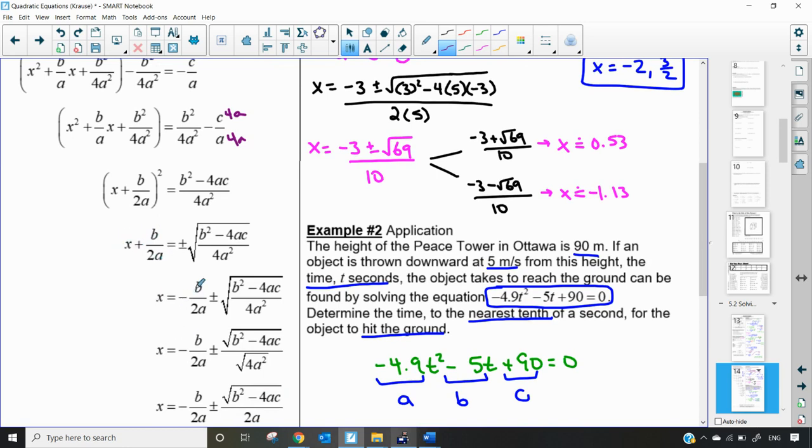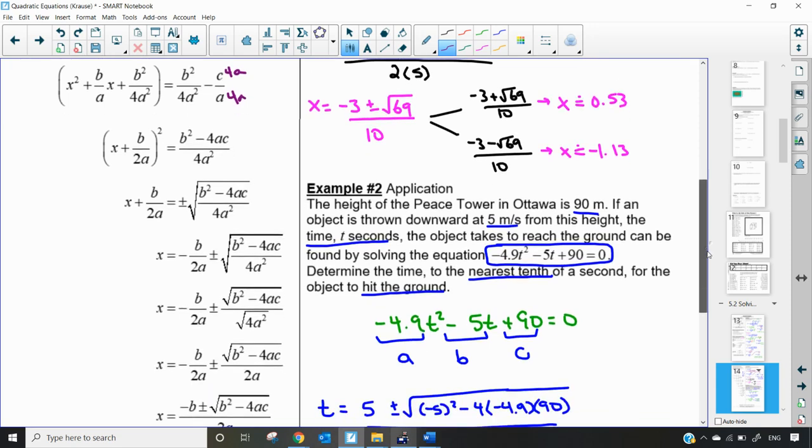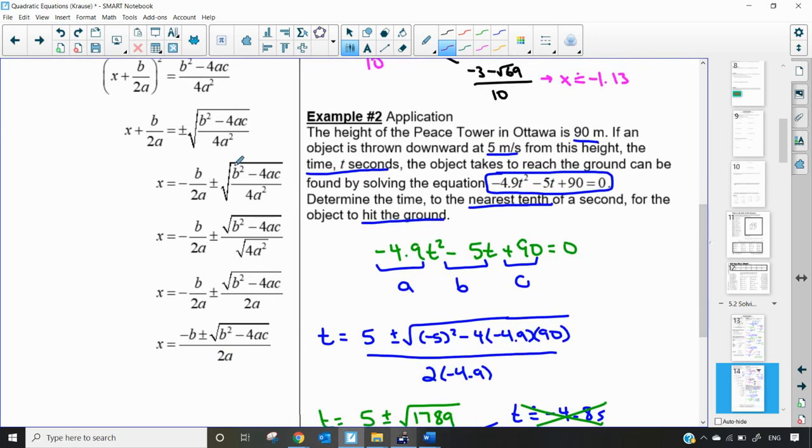So now we have negative b over 2a plus or minus the square root of b squared minus 4ac all over 4a squared. Now we can apply that radical to the numerator and the denominator, simplify it down, and notice that we have common denominators. So now we can break it down, or we can simplify, and we've got negative b plus or minus the square root of b squared minus 4ac all over 2a. So again, that's the derivation. That's how we're getting to our answer.